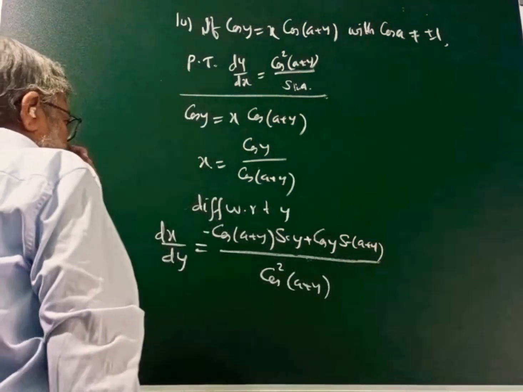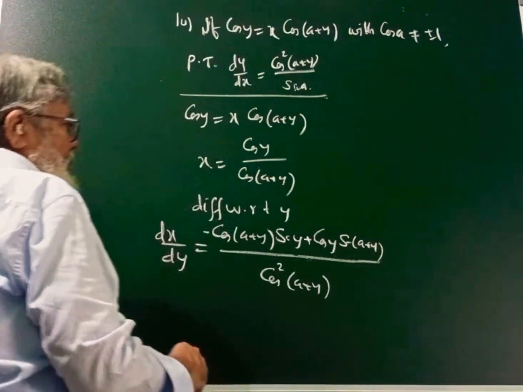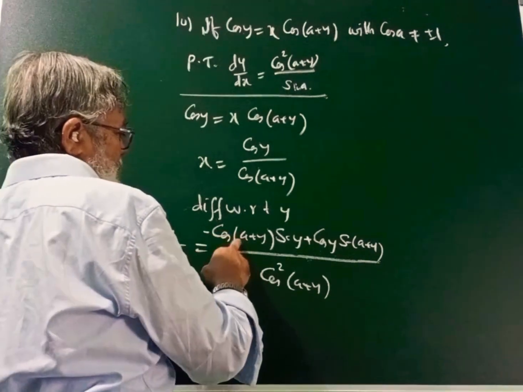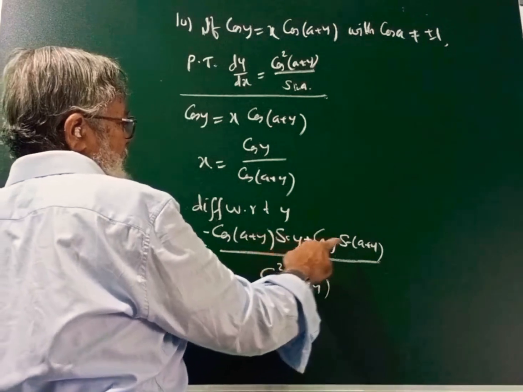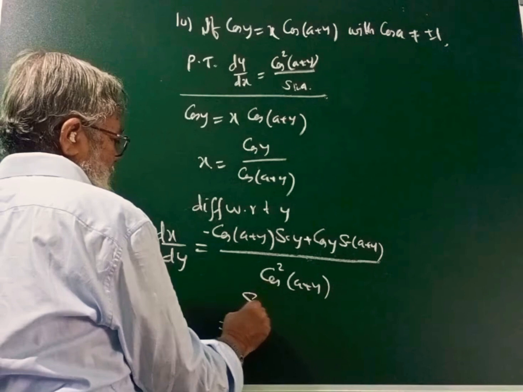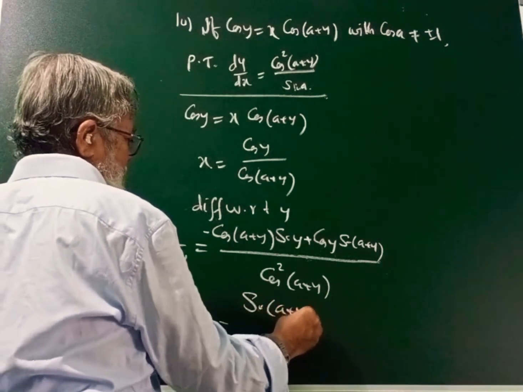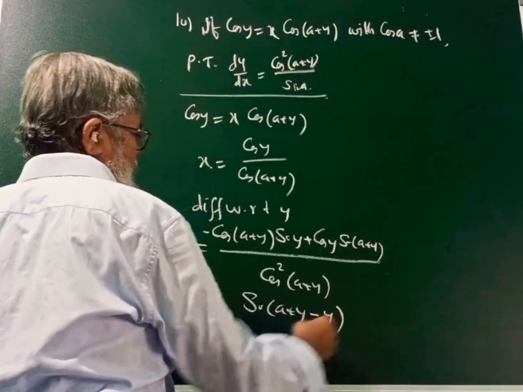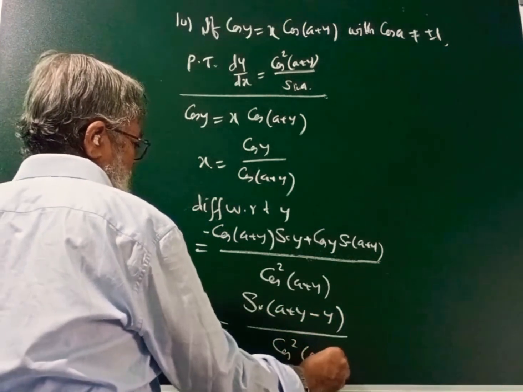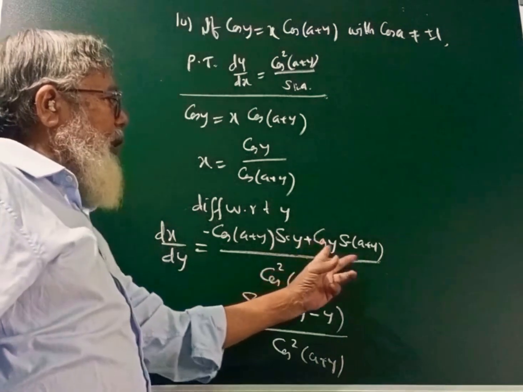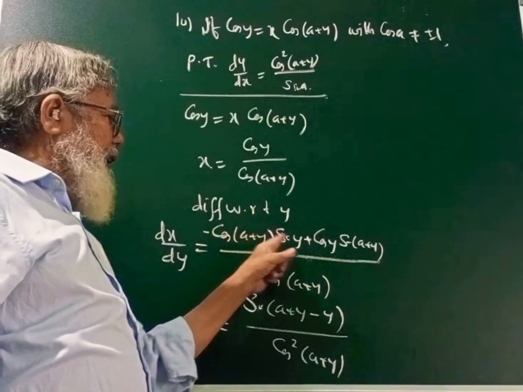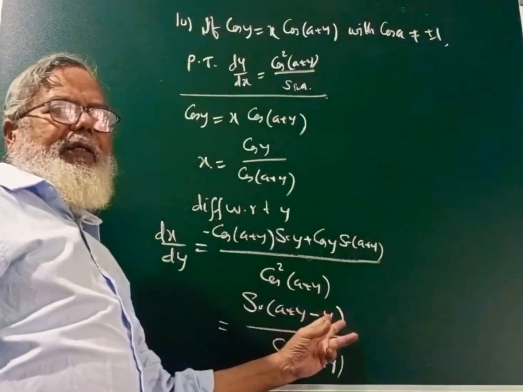Now you see here, we write cos x sin y plus sin x cos y, that is equal to sin of (x plus y), here it will be sin of (a plus y minus y), that is equal to sin a. Here we have applied the formula sin a cos b minus cos a sin b, which is sin (a minus b).